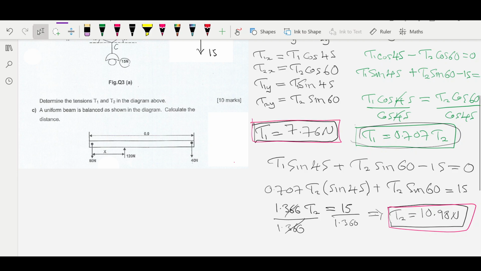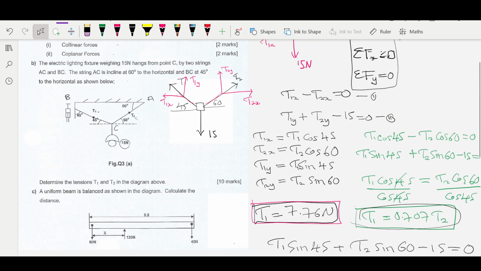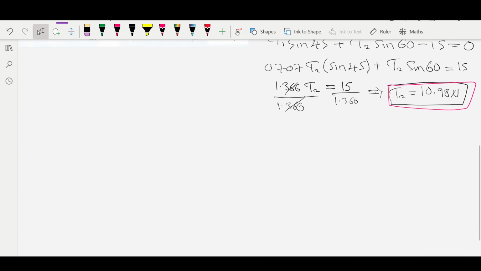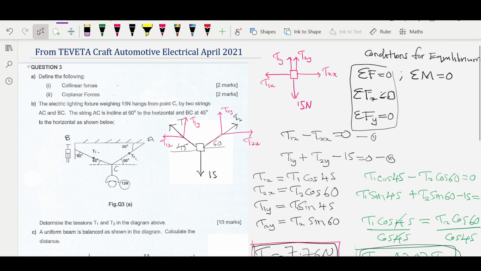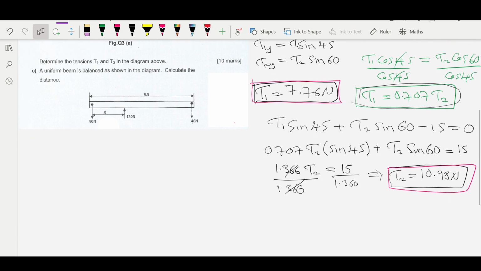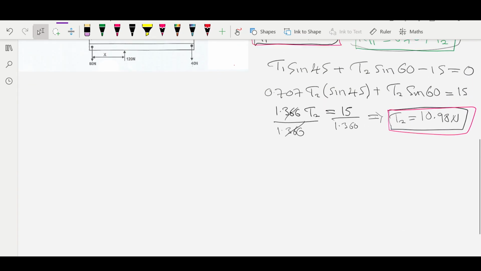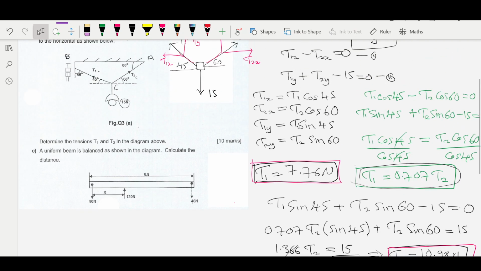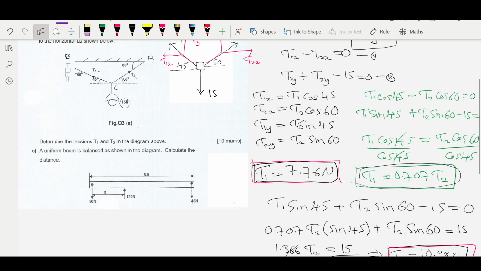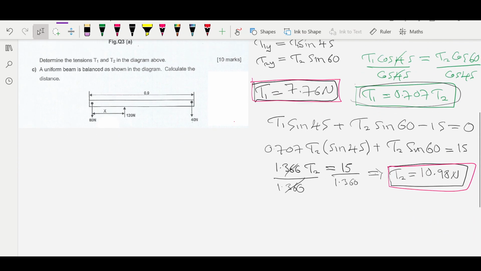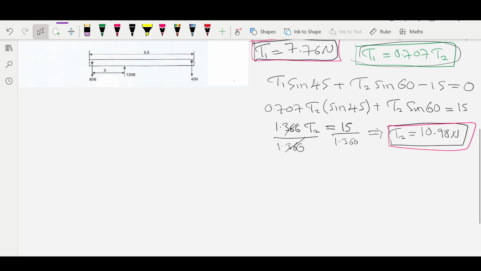So we can solve this question using another method, which is called Lami's rule. So let's look at this other method. For Lami's rule, we just have to identify the forces that are acting and the angles between which they are acting. So we have forces that are acting like this.